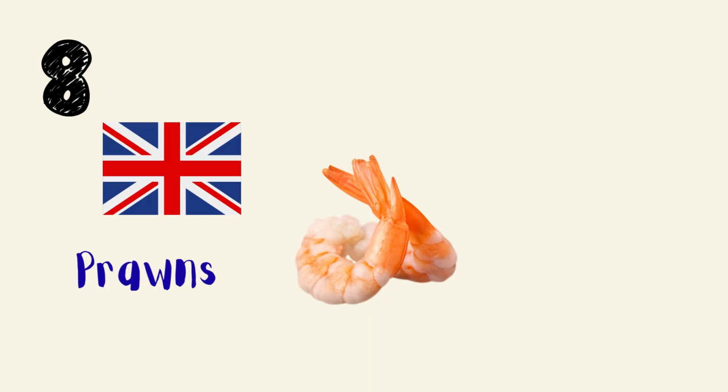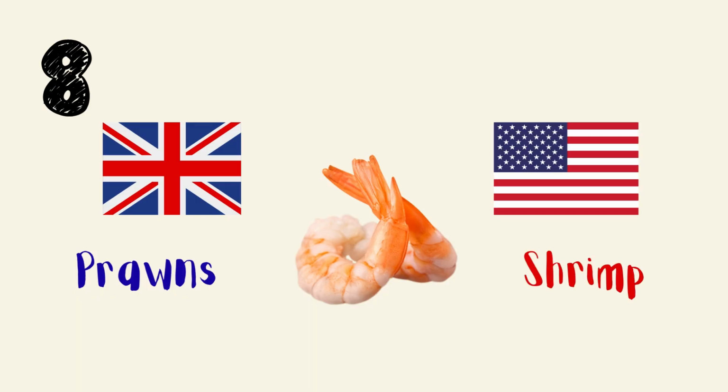Technically, prawns and shrimp are slightly different species, but in everyday language, Brits say prawns for everything, small ones, big ones, although we might sometimes say tiger prawns or king prawns for the bigger ones, whereas Americans just say shrimp. So your prawn cocktail becomes shrimp cocktail in the US.